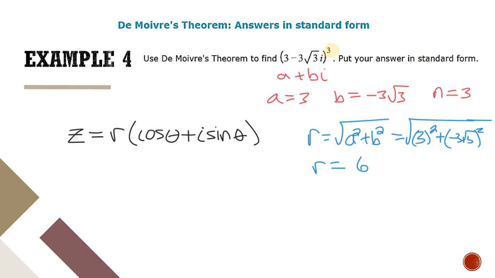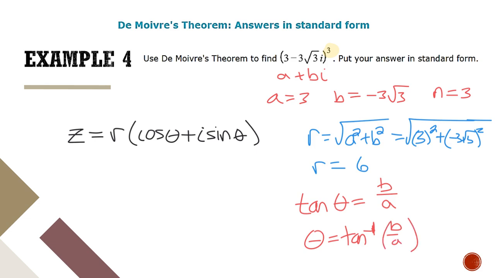So now we need to find our theta. If you recall, that's pretty easy to find. We're going to start with tangent. The tangent of theta is b divided by a. So theta is equal to tan inverse of b over a.